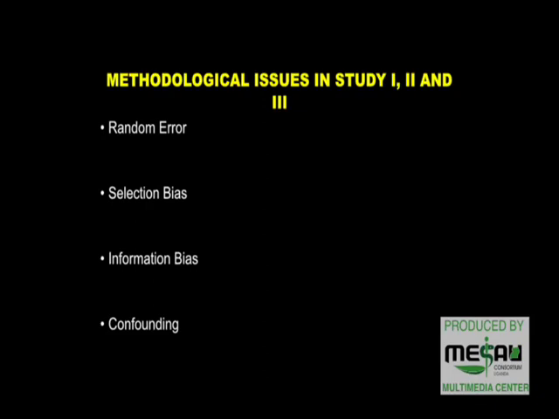For selection bias, how we tried to overcome it is that we had inclusion criteria before we set out the study, and we used these to get our patients. We also had case definitions.